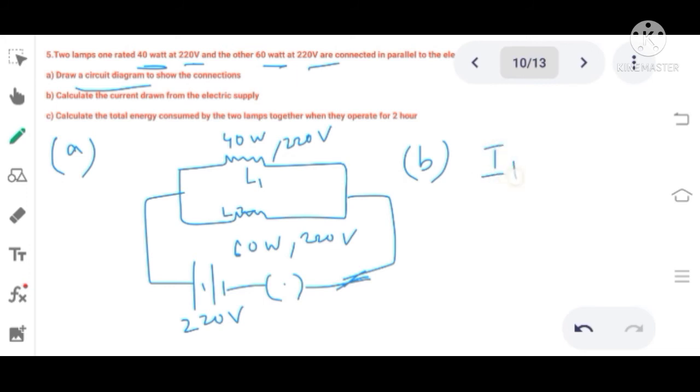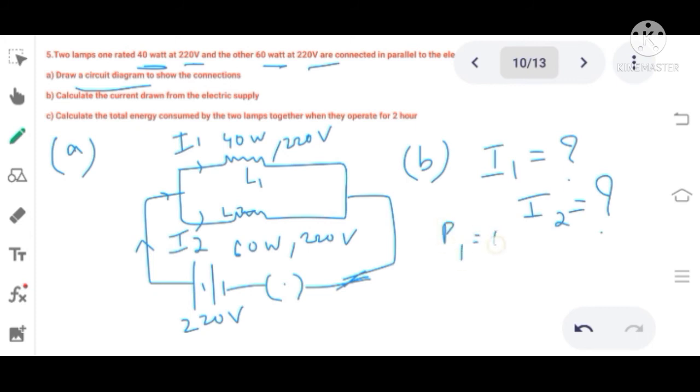Part B, calculate the current drawn from the electric supply. I will separately find out I1 and I2 for lamp 1 and lamp 2, since from the main supply the current gets split into I1 and I2 because they are in parallel. Let's find I1 and I2 separately, and then you can add them to get the total current.